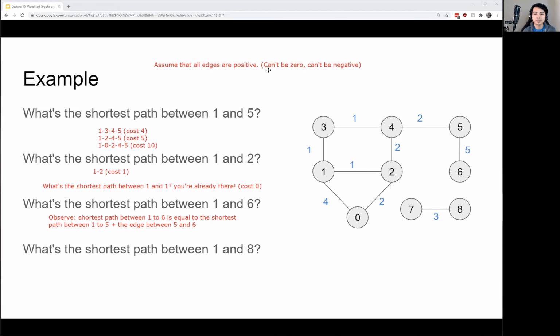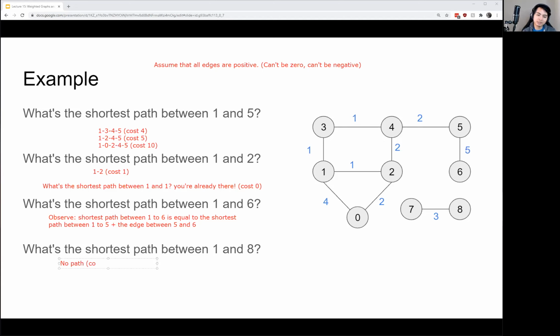Now, lastly, what is the shortest path between 1 and 8? I'll give you 10 seconds. Let's think about this. All right, what do you think? How do we get from 1 to 8? There is no path, right? A lot of people are saying no path.